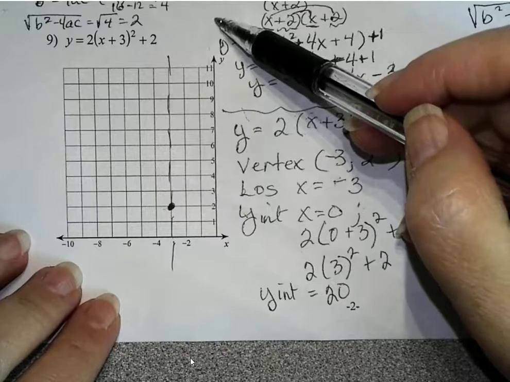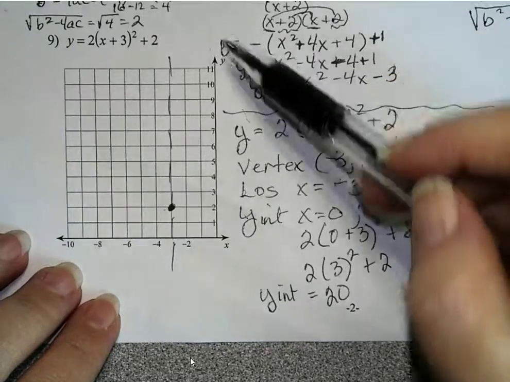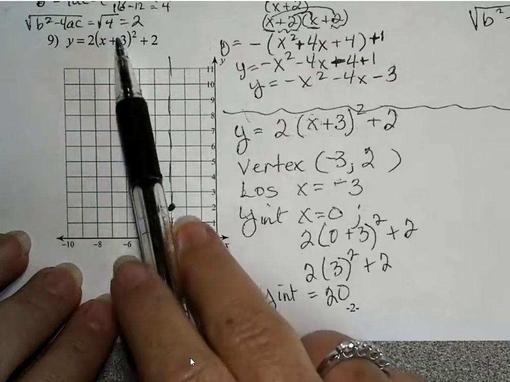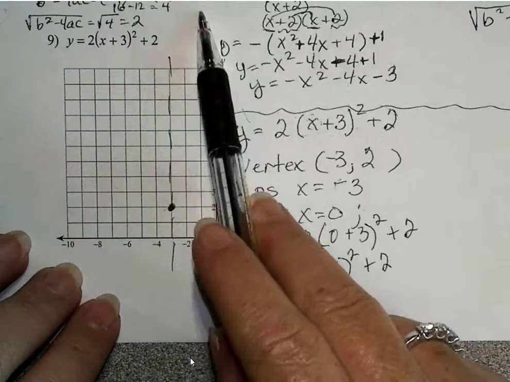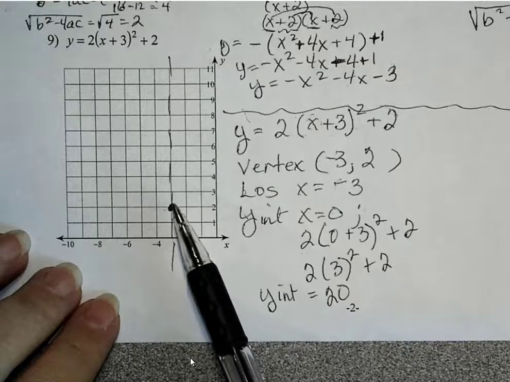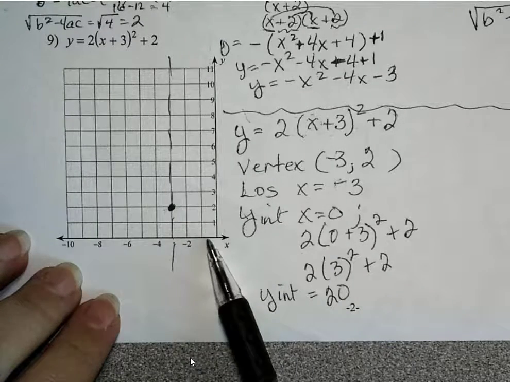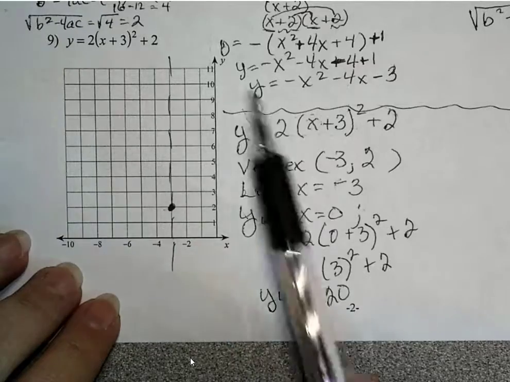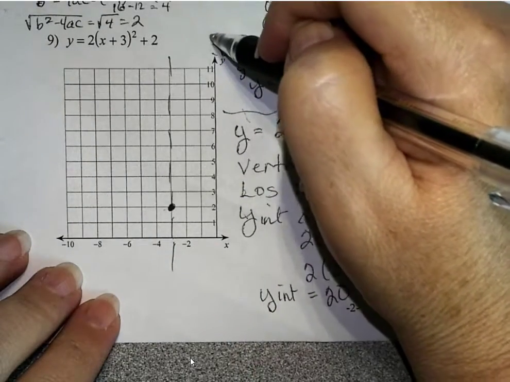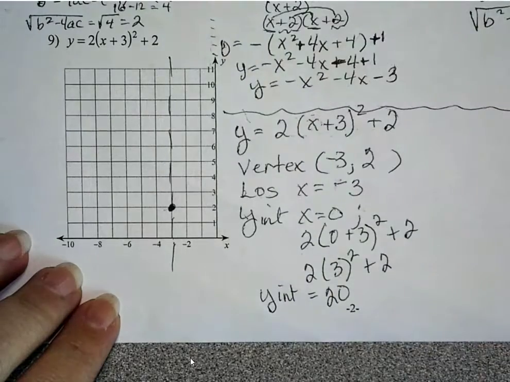If I can't put the y-intercept on here, and I know that there are no x-intercepts, because the graph is going to look something like this, how am I going to graph that? Well, if this is all I have and I can't get x-intercepts because there aren't going to be any, I'm not going to go like this, 12, 13, 14, 15, 16, right? What else can I do?